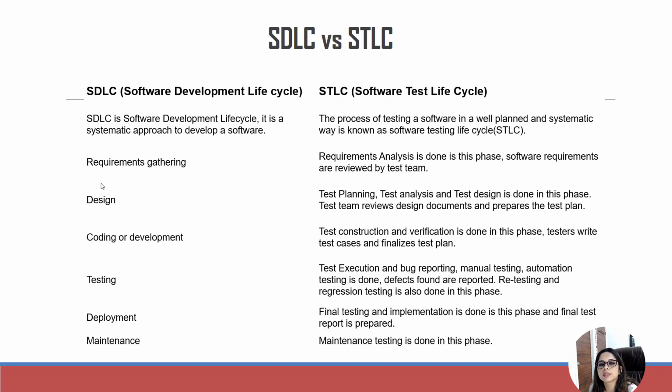So test planning is happening in a phase analogous to designing in the SDLC. Now, in SDLC, when actual coding is happening, the similar phase in STLC is about writing test cases. We are designing our own test suite.